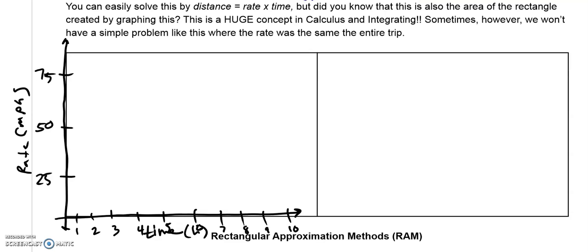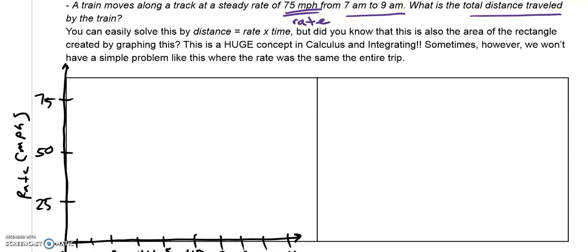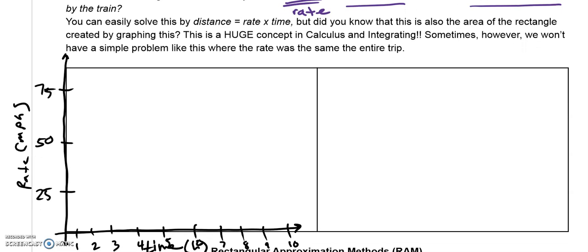Now if we look at this problem, between 7 and 9, they are going 75 miles an hour, and that's all we know, between 7 and 9. So here's 7, and here's 9. Our graph would look something like this. It'd be piecewise because we don't know anything about the rest. So that's our graph.